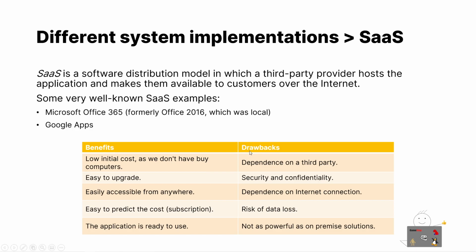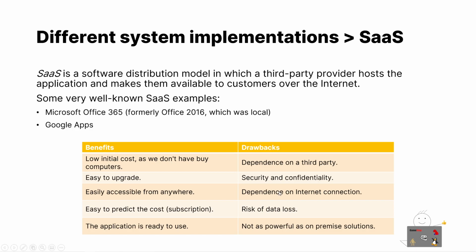Now, some drawbacks, disadvantages of this implementation. Well, the most noticeable is probably that we are completely dependent on the third party. If our third-party provider just shuts down, we go with them. Another would be security and confidentiality. And another big one, we are completely dependent on the internet.